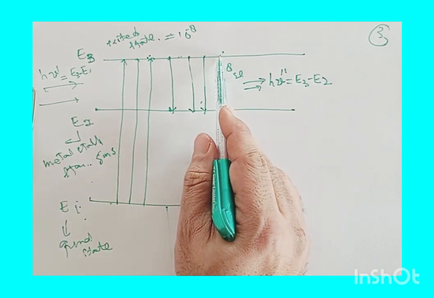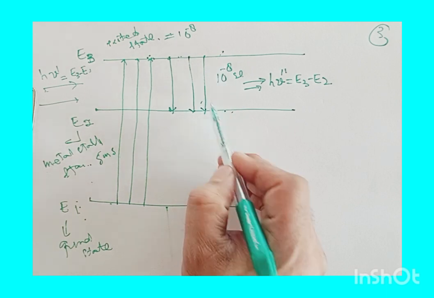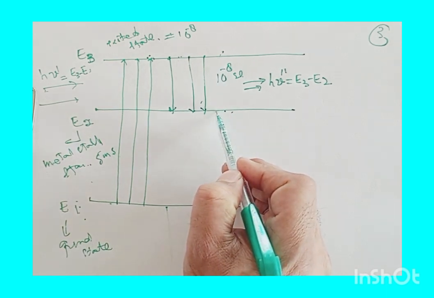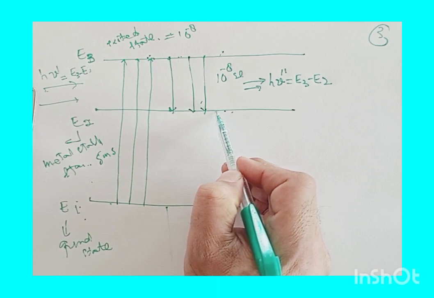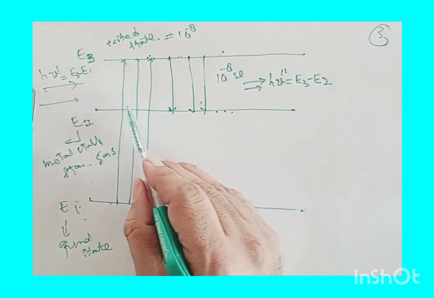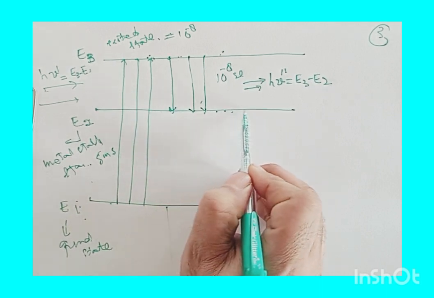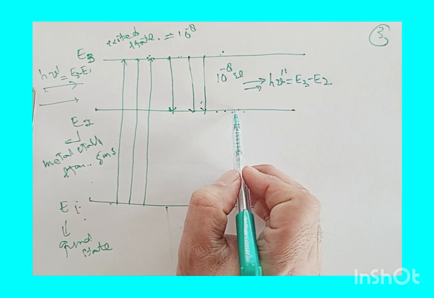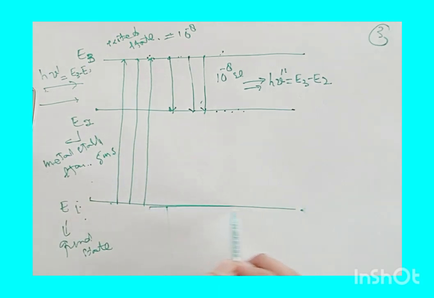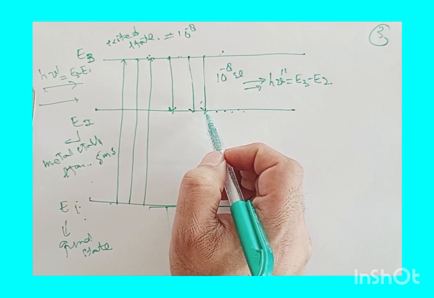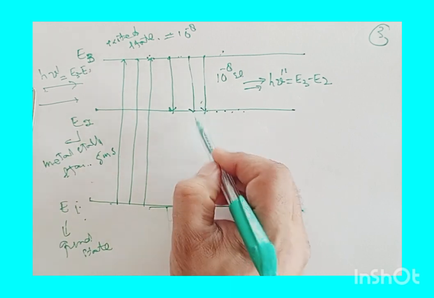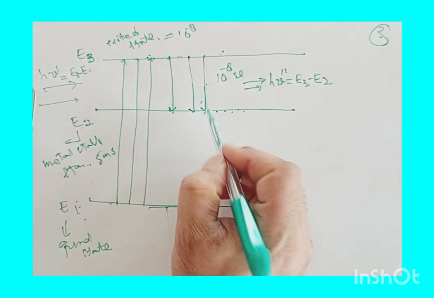It means the atoms reach the metastable state E2 much faster than the atoms leave the energy state E2. Thus, the population of atoms in this metastable state is more than that of the atoms in the ground state, because they have a delayed transition. So this situation is known as population inversion.